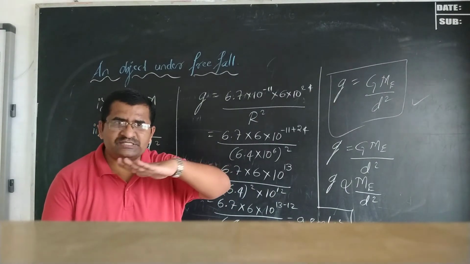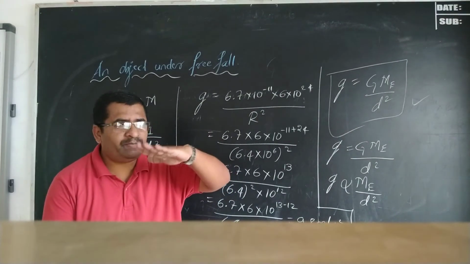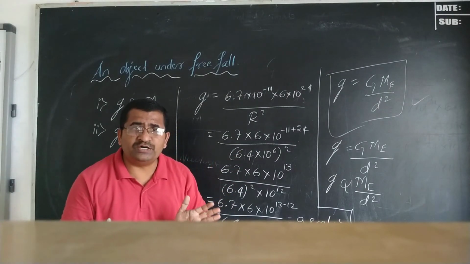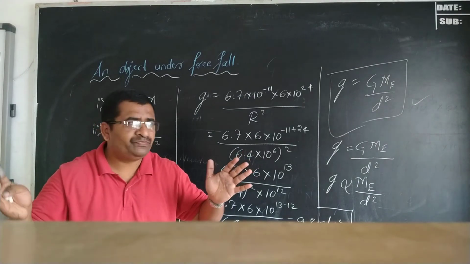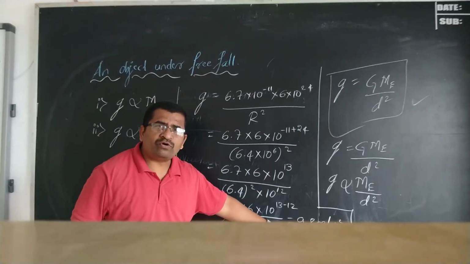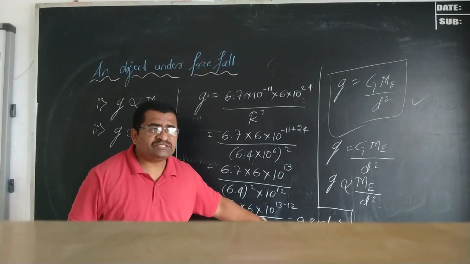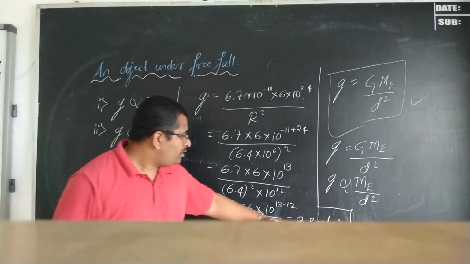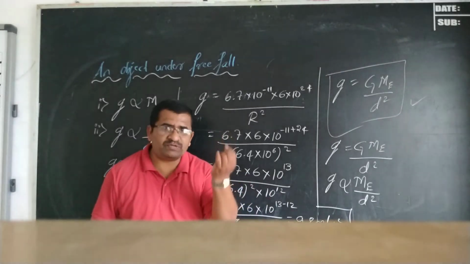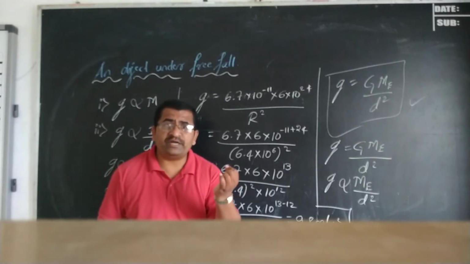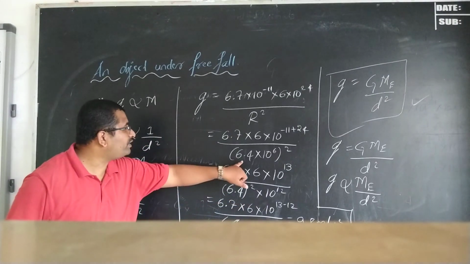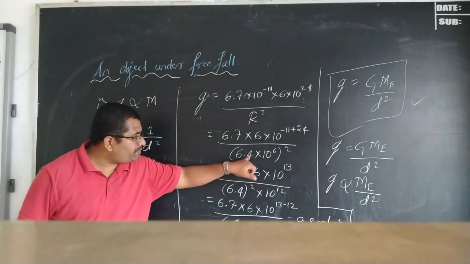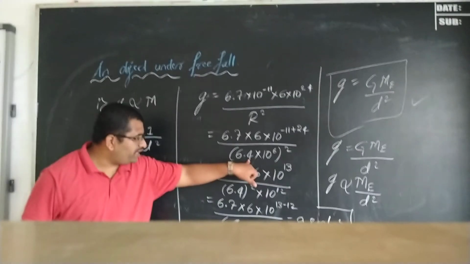In the polar region it is a little bit bent, and in the equatorial region it is a little bit bulged. Because of this change in shape, the radius of the earth changes from the center, so the value I wrote, 6.4 × 10⁶, changes depending on the radius.